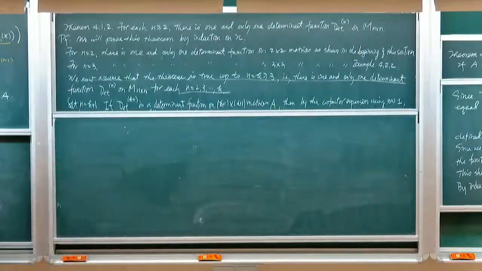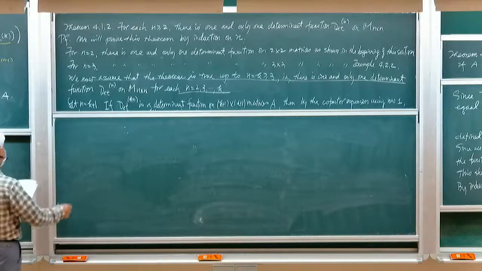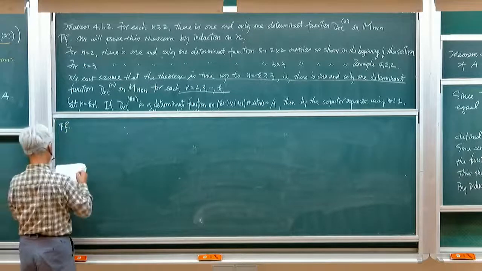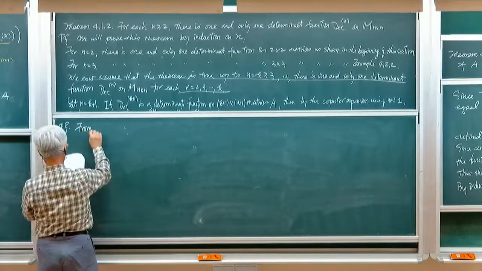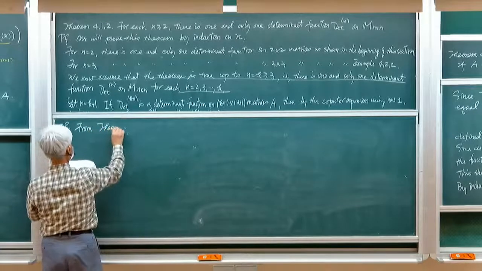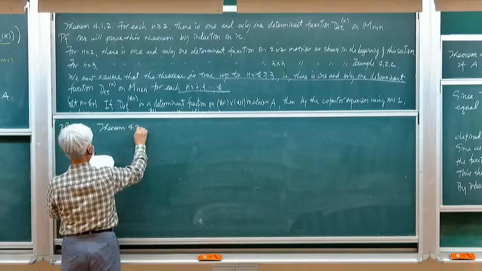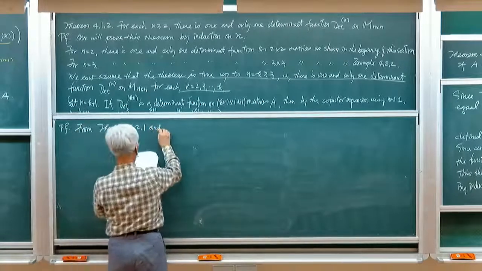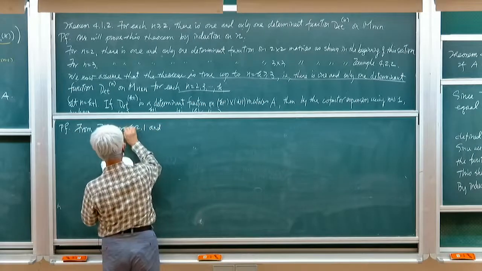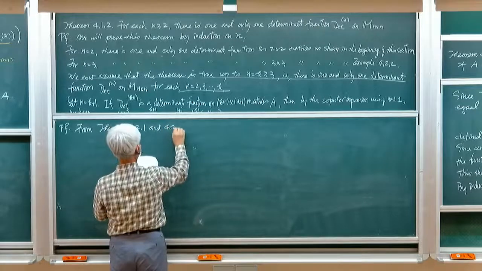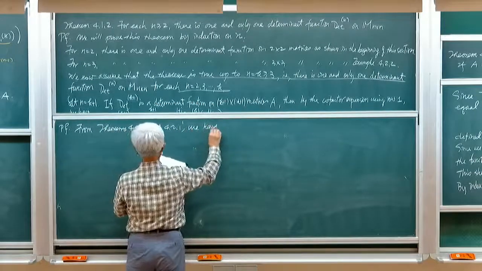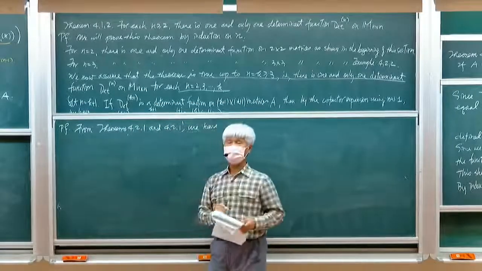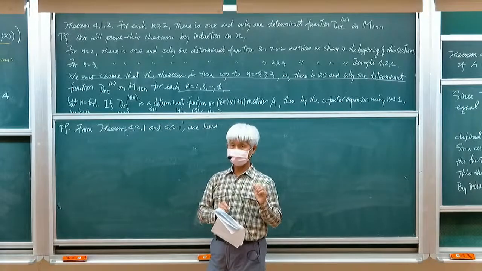Okay, so we deal with the row operation on rows. From theorem 4.2.1 and its prong, these two theorems are about cofactor expansion, right?